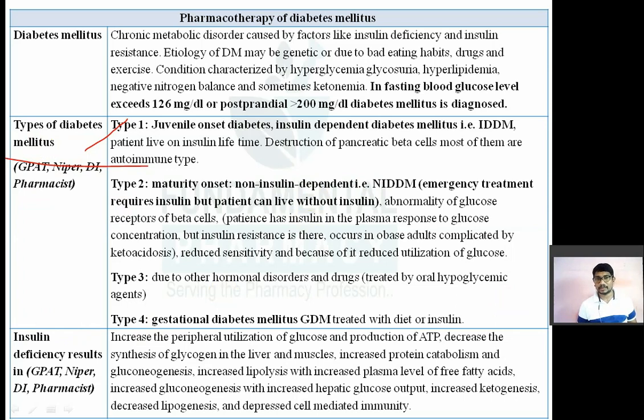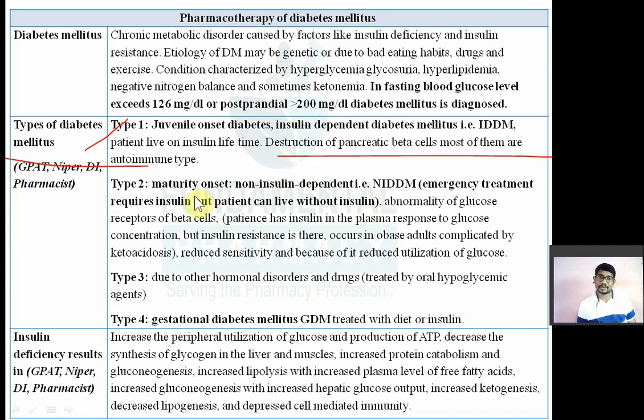In this case, the patient has to rely on insulin for a lifetime because there is a destruction of beta cells of Langerhans in the pancreas, and because of that there is no production of insulin, or very little, or insufficient production of insulin. That's why the patient has to take insulin from an external source. So this patient takes lifetime insulin.